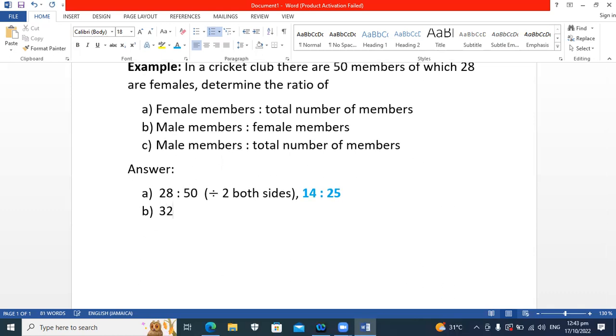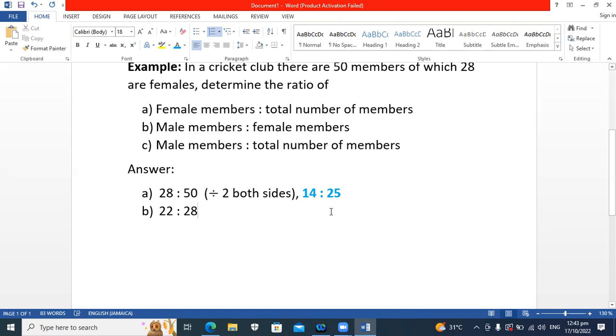So it's 22 to 28, because B says male members to female members.